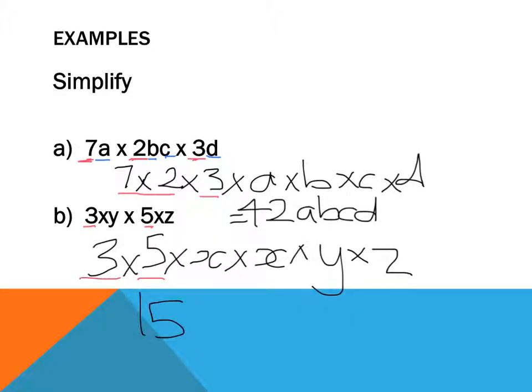Now I've got this interesting thing here, x multiplied by x. We learnt from the previous slide, when I multiply a pronumeral by itself, I get x squared. So x multiplied by x, a simpler way of writing that is x squared, and then I have y, z. And that's it, guys, that's multiplying and dividing terms.